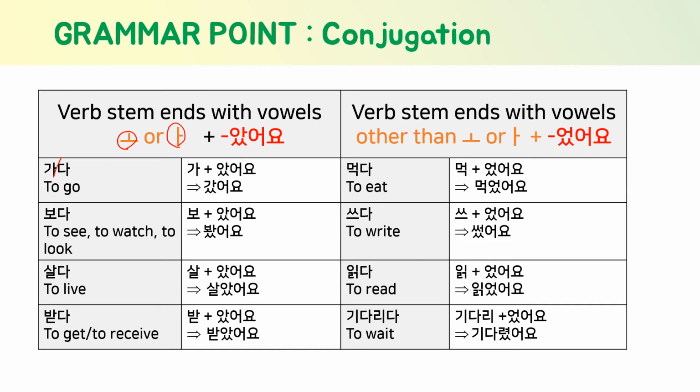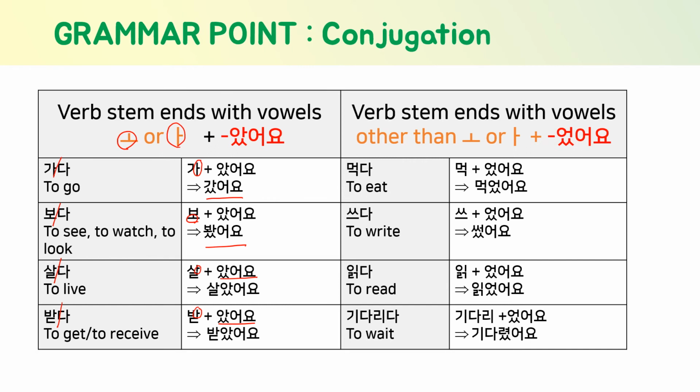So 가다, 보다, 살다, 받다. 가다, 았어요 becomes 갔어요. 보다, 았어요, 보았어요, o and a combined together becomes 봤어요. 살다, 살았어요. 받다 becomes 받았어요.